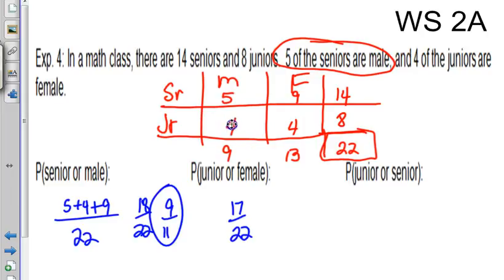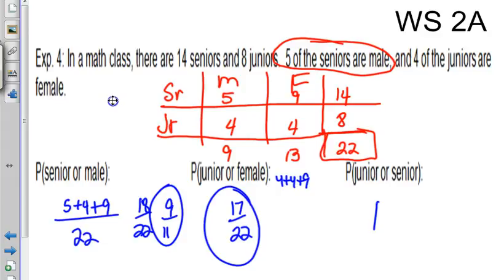Okay, juniors, both of those count, and this additional set of senior females count. So that's 4 plus 4 plus 9. That doesn't reduce, right? Okay, junior or senior? Yeah, everybody's a junior or senior in our little chart, right? So 22 out of 22.